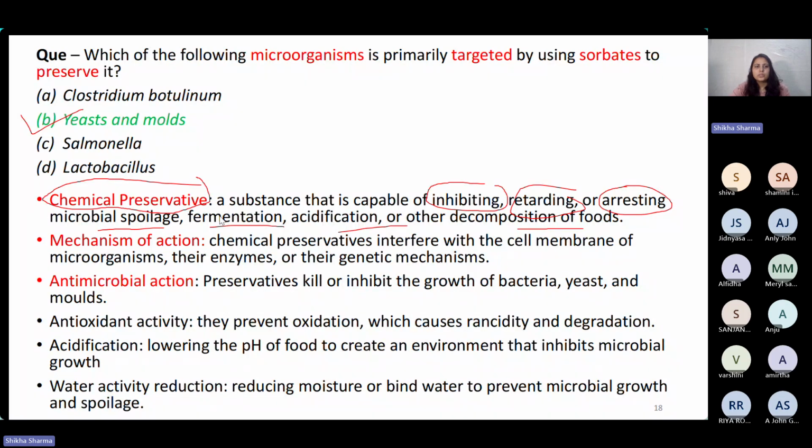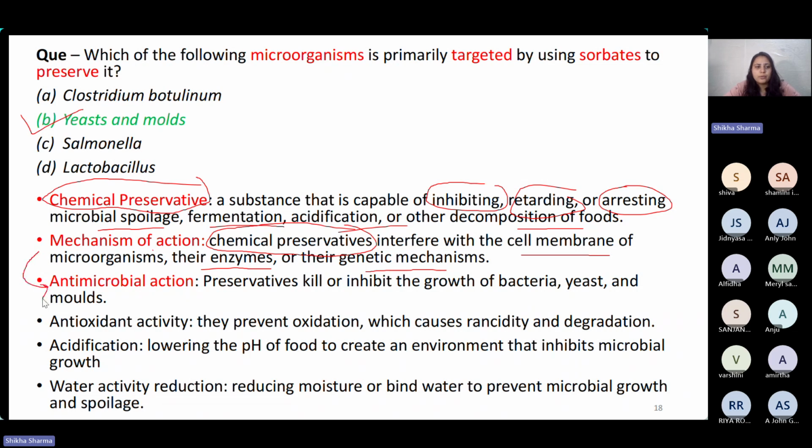Its mechanism of action is that chemical preservatives interfere with the cell membrane of the microorganism, or its enzymes, or its genetic mechanisms. This way it will preserve the food quality.